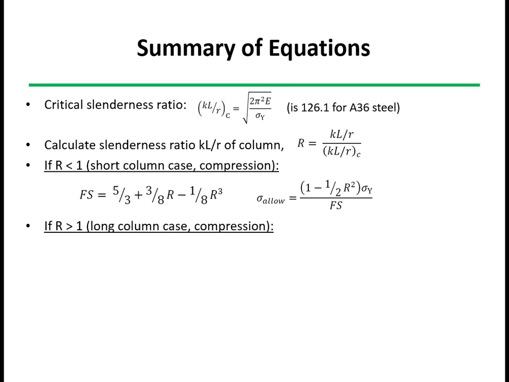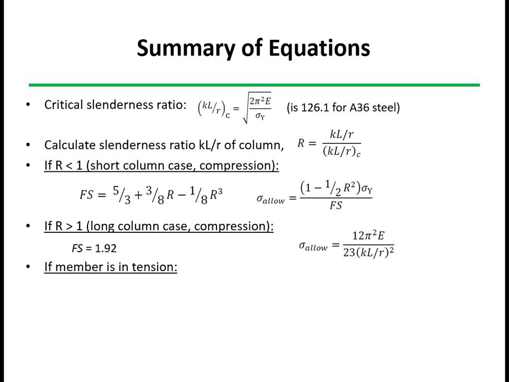If R is greater than 1, then you have a long column. And in that case, as we said, the factor of safety is 1.92, which also corresponds to 23/12. And so our allowable there is just the Euler buckling stress with that 23/12 factor of safety built in.